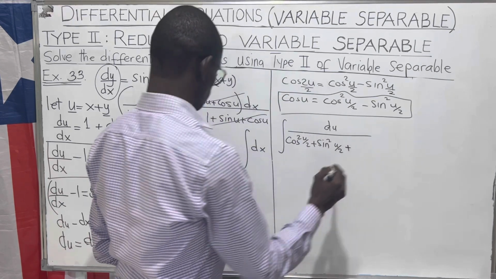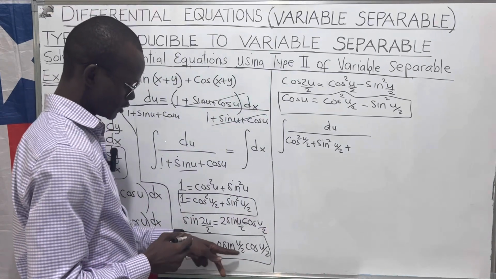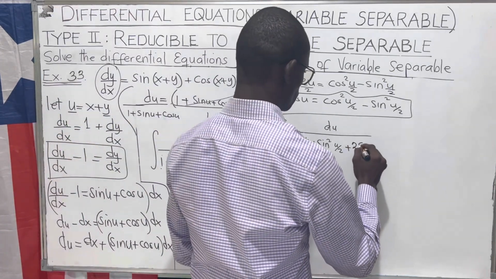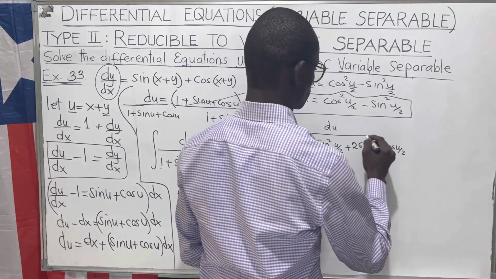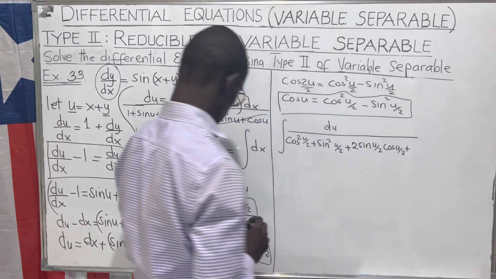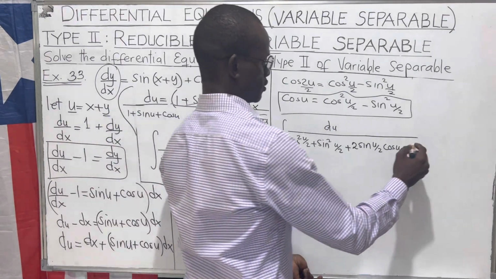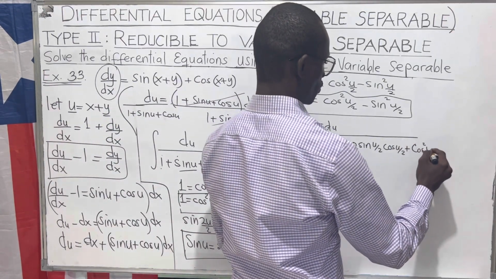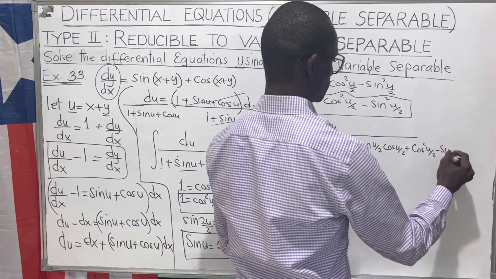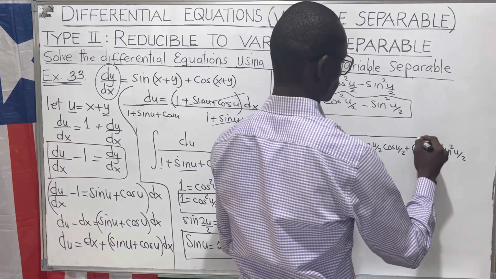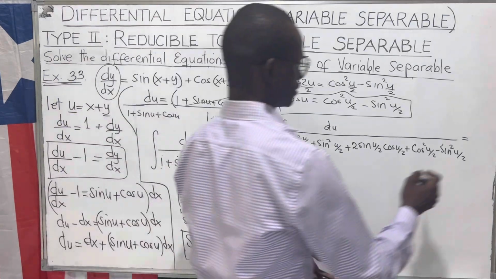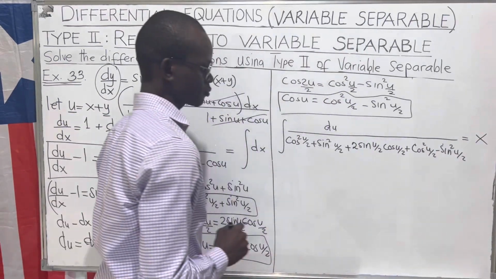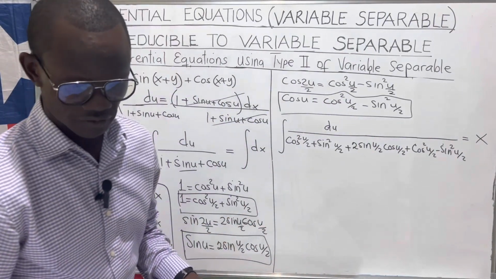Move to the next one. Plus sine of u is this one, so we have 2 sine of u over 2 cos of u over 2. Plus, last one, we have cos square u over 2 minus sine square u over 2. All equals, now the integral of dx is just x. So what do we observe?